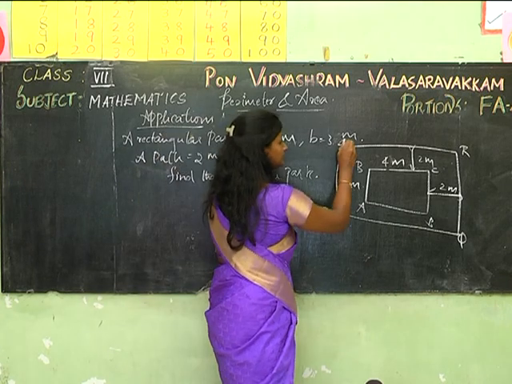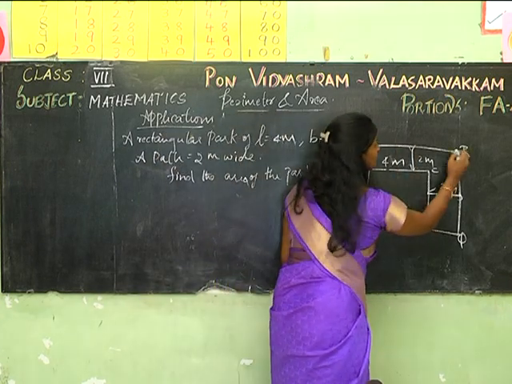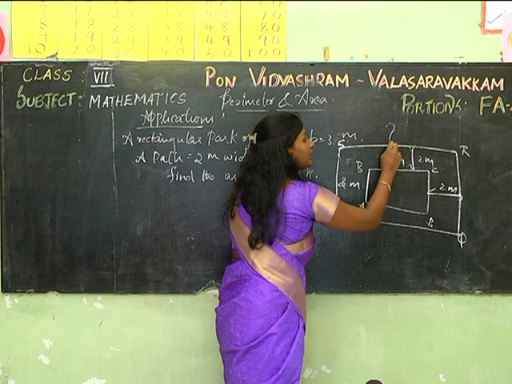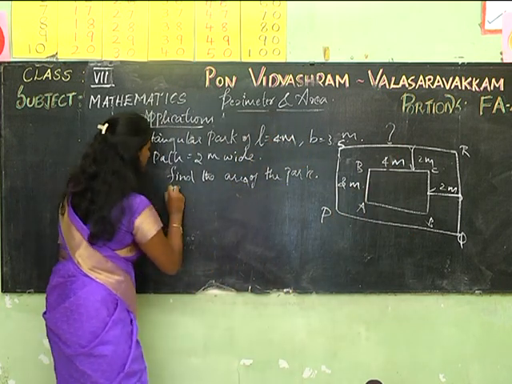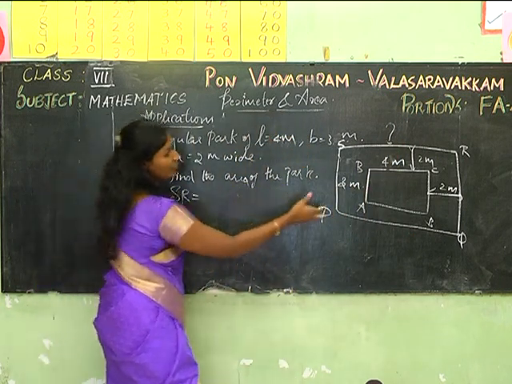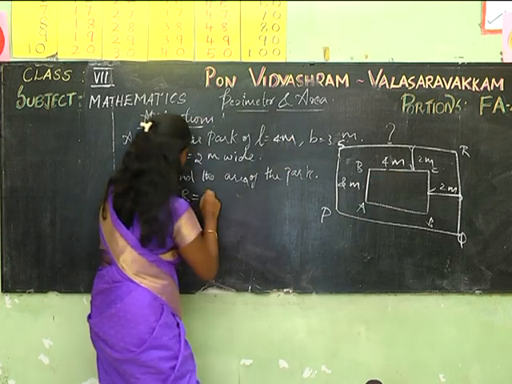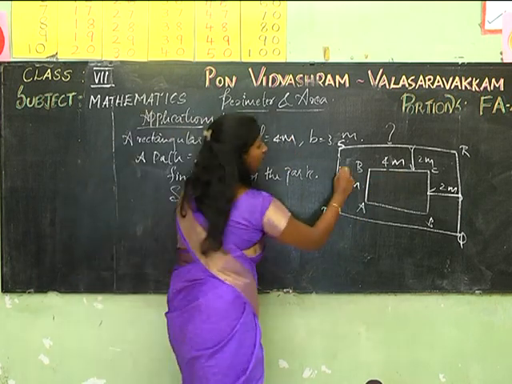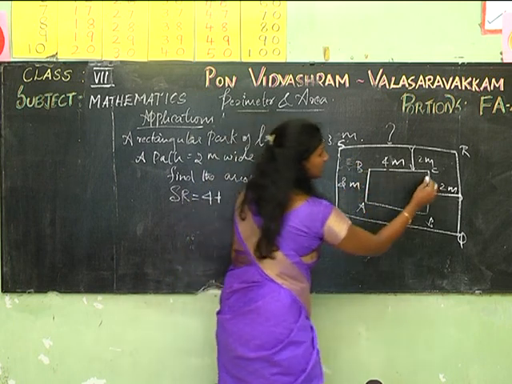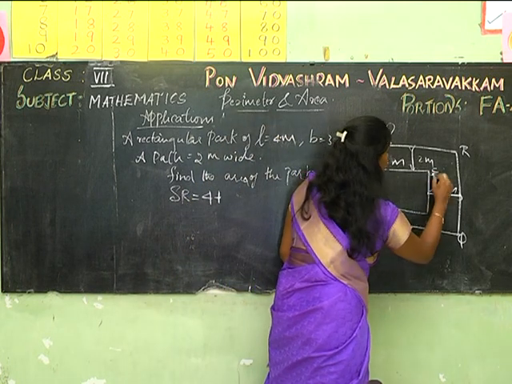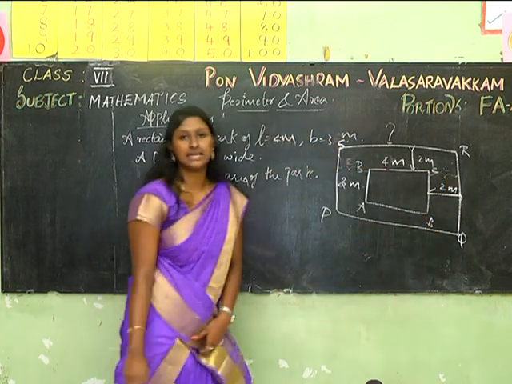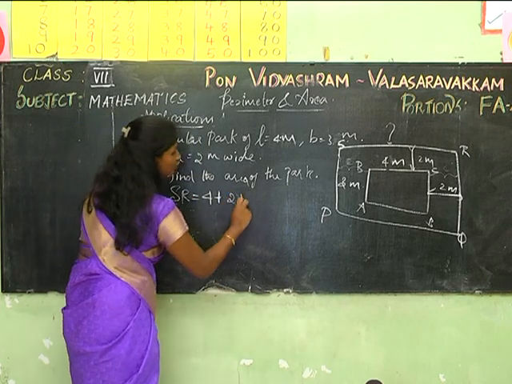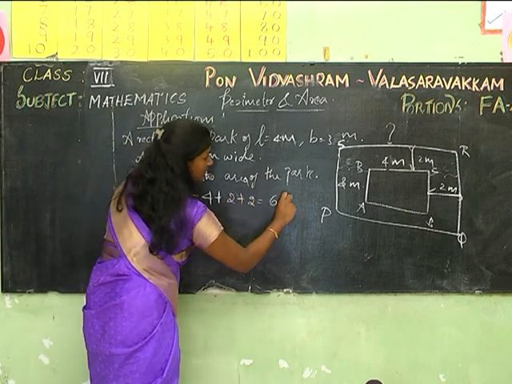But for this measure SR, nothing is given. So, how I can find this SR? So, the SR will be 4 meters with the addition of this path 2 meters and this path 2 meters. Yes? So 4 plus 2 plus 2 will give you 8 meters.